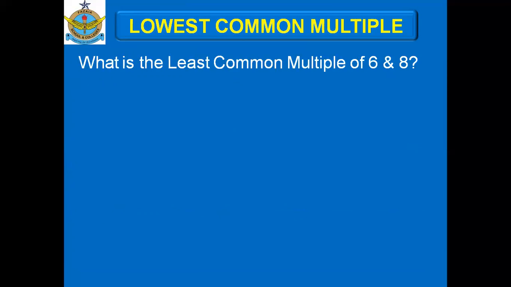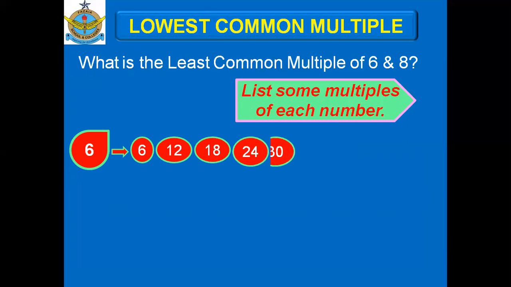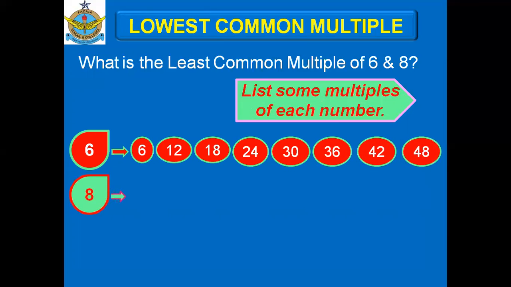Now the next example for you people: what is the least common multiple of 6 and 8? First you write down the multiples of 6 and then the multiples of 8. The multiples of 6 are 6, 12, 18, 24, 30, 36, 42, 48.